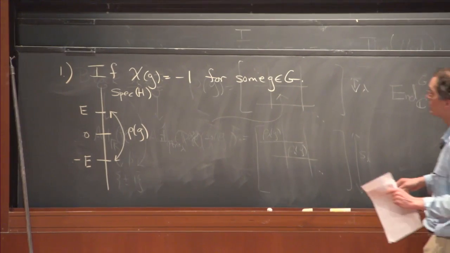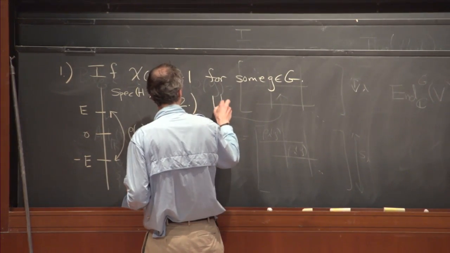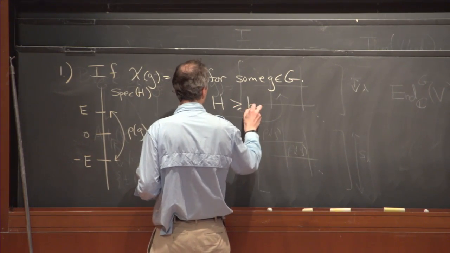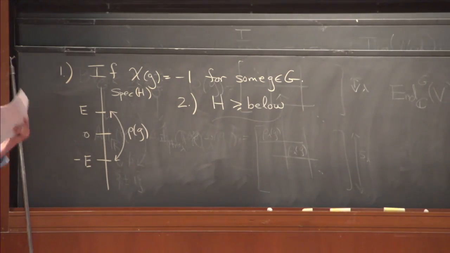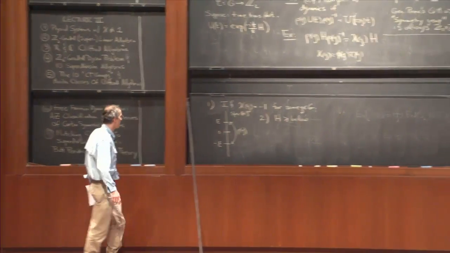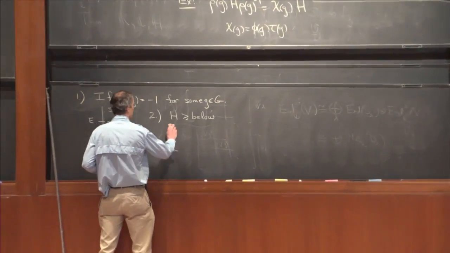Which leads me to remark 2, which is that suppose that H is bounded below and not above, for example, the Schrödinger operator in a crystal, or your typical relativistic quantum field theory, then chi must be equal to 1.